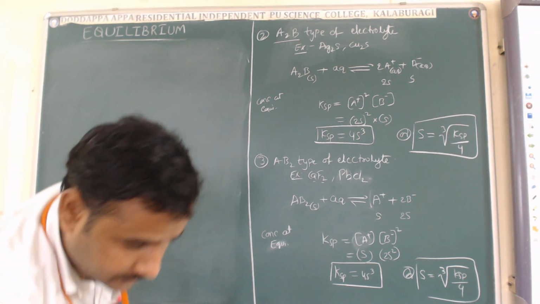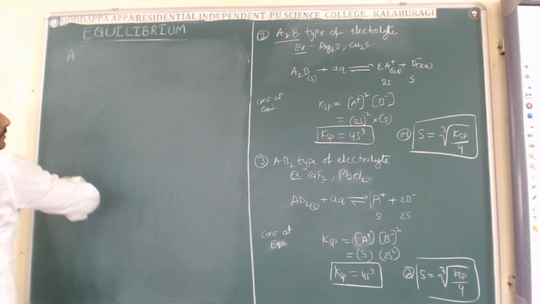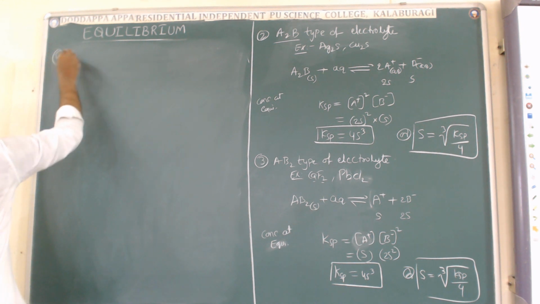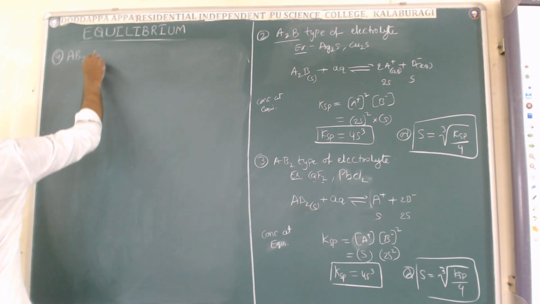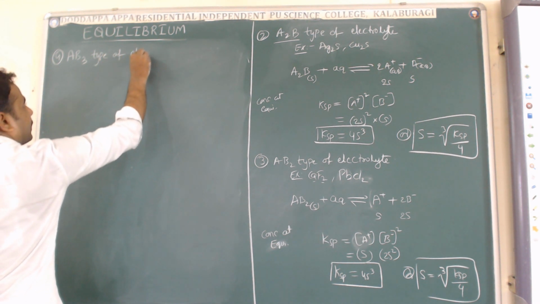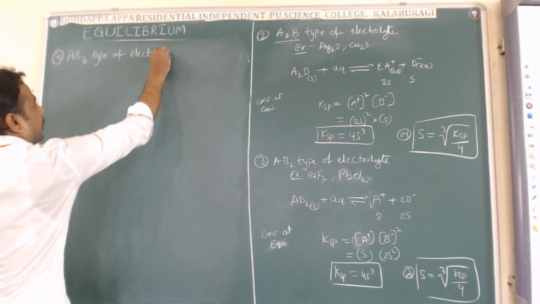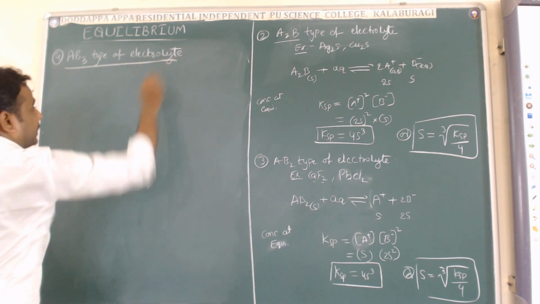Next, the fourth one, the AB3 type of electrolyte.